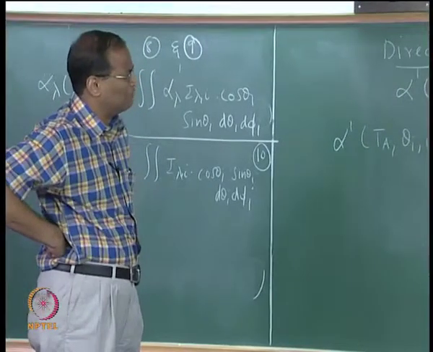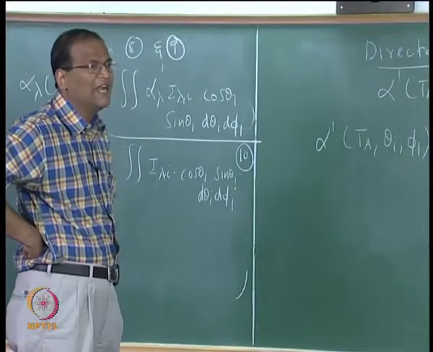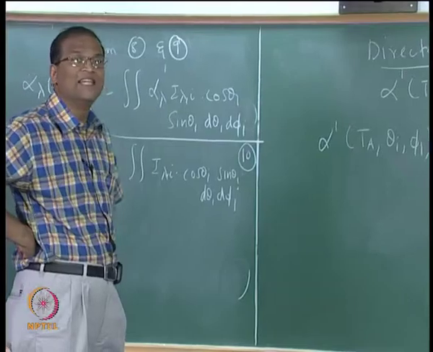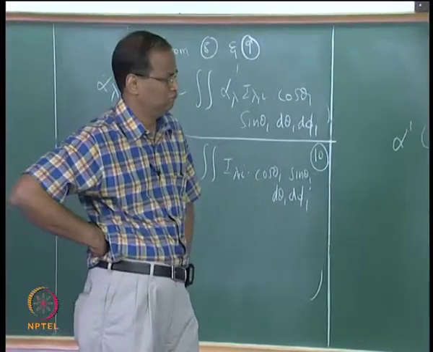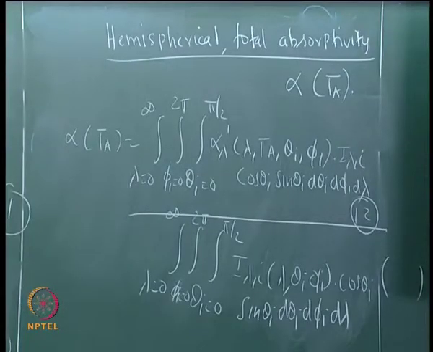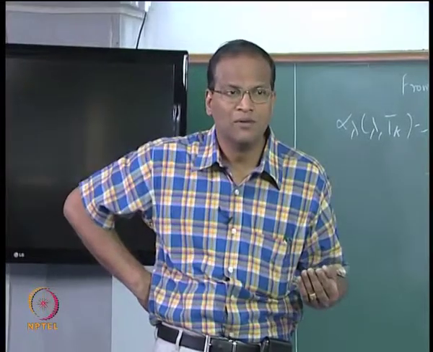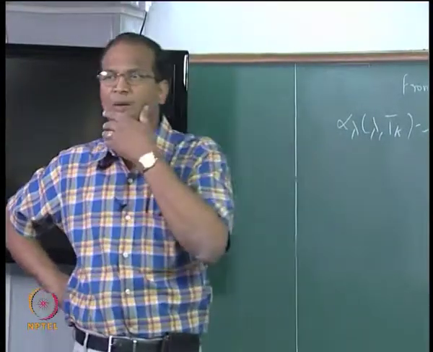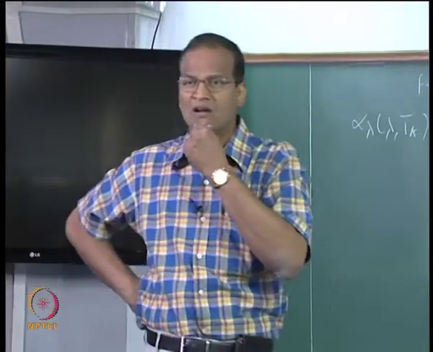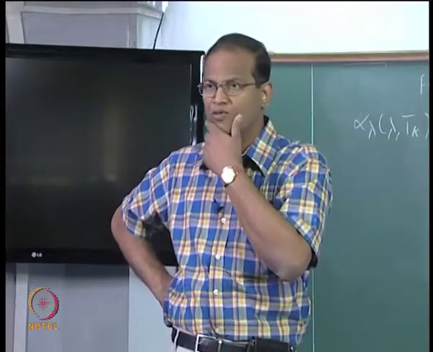Now what will happen to equation 12 if the irradiation is from a black body at a temperature Ts, that is T of sun? Let us look at a special case. If you consider a special case of irradiation from a black body at a temperature Ts, the denominator will become sigma Ts to the power of 4.